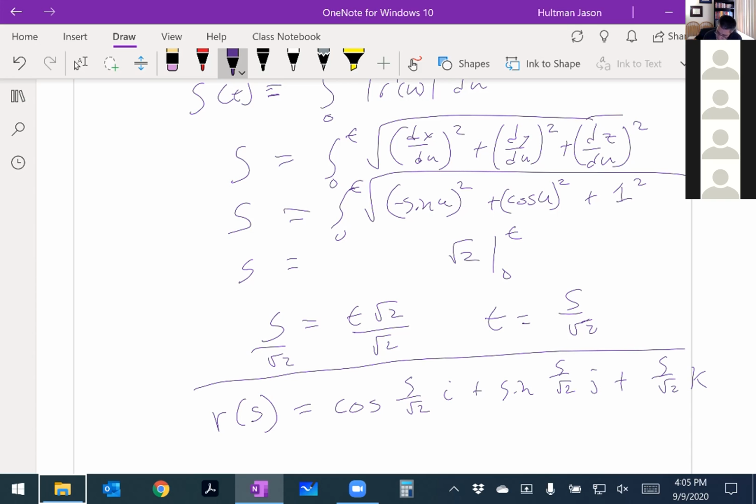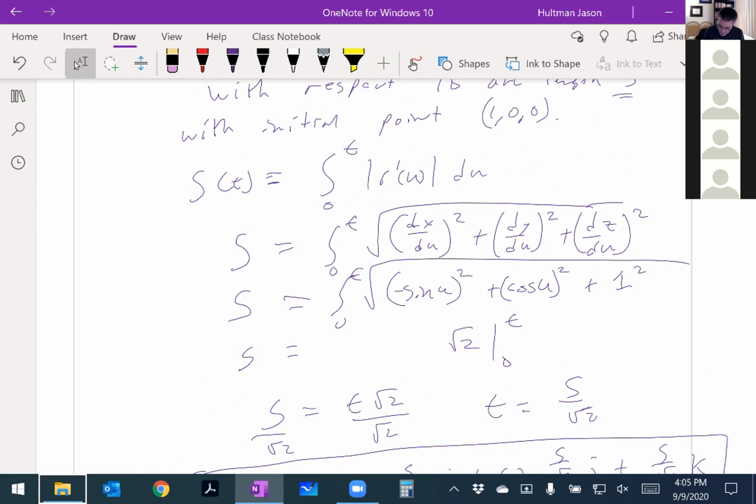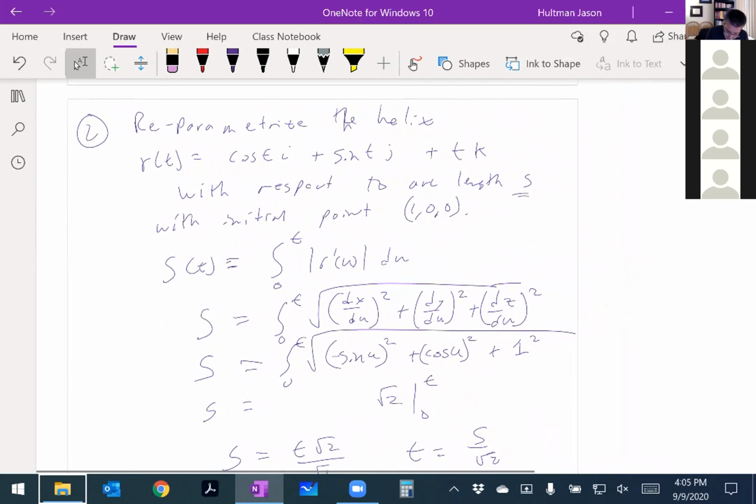And that's reparametrized in terms of the arc length, not the parameter t of the original function. This space curve is now reparameterized with respect to the arc length function.